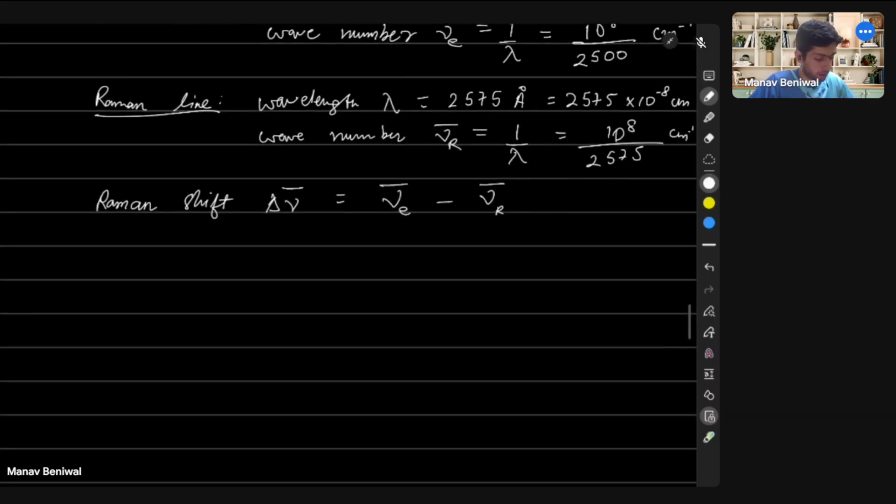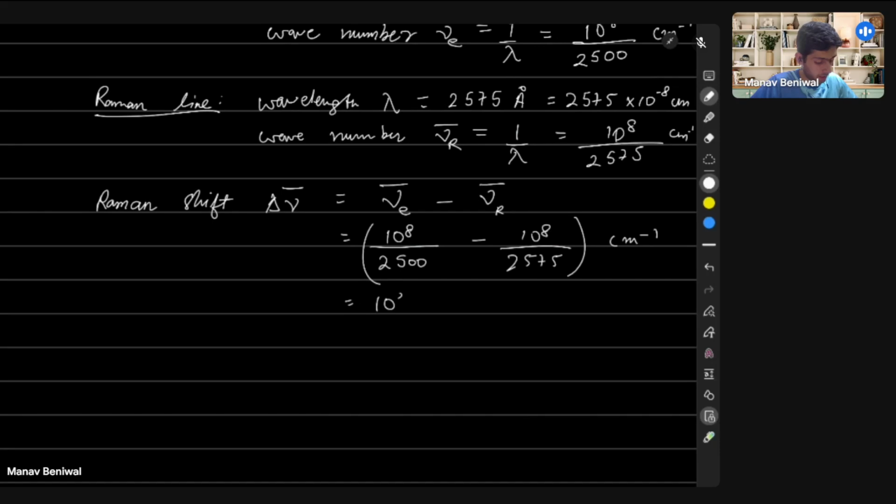Okay, now we have all the things. So this we know is 10 to the power 8 divided by 2500, and this is 10 to the power 8 divided by 2575, and this answer will be in per centimeter.